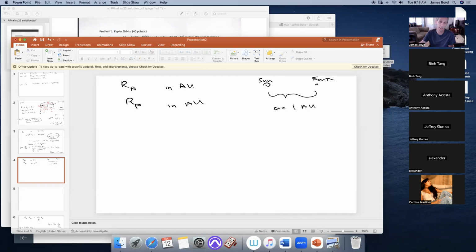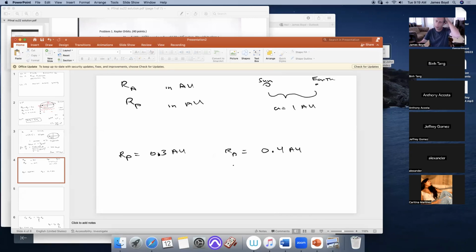For Mercury, it's like a third. So let's say Mercury's got basically RP is 0.3 AUs. And let's say, I don't remember what Mercury's RA is, but let's say it's 0.4 AU.